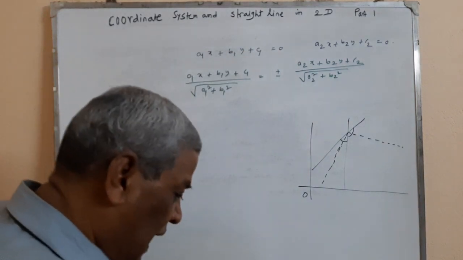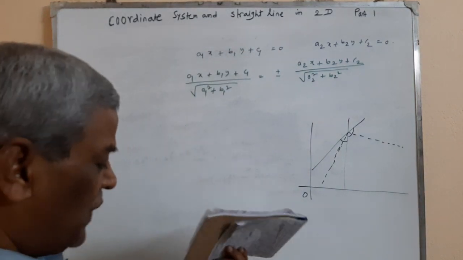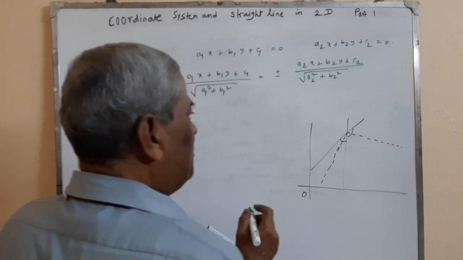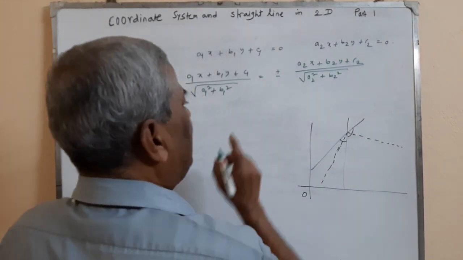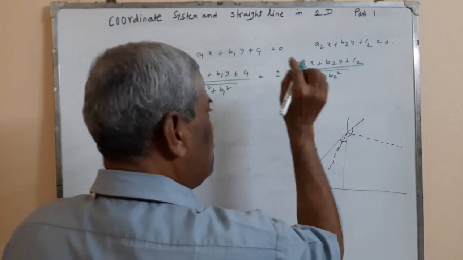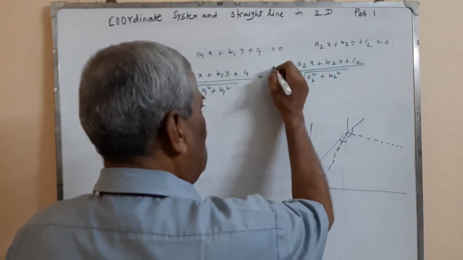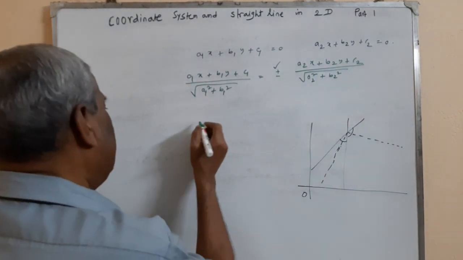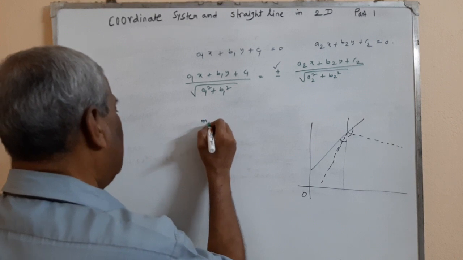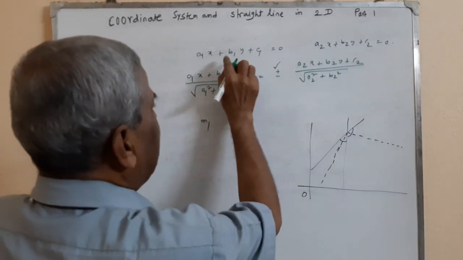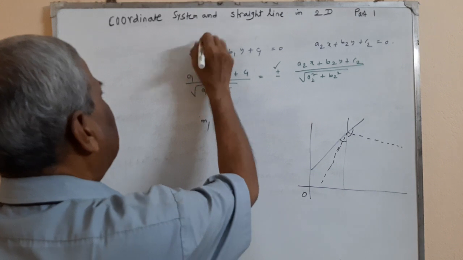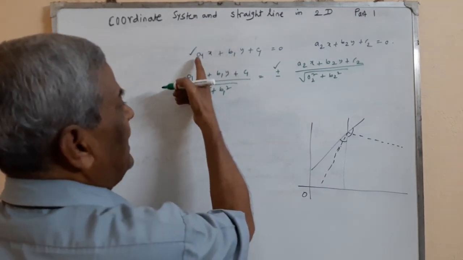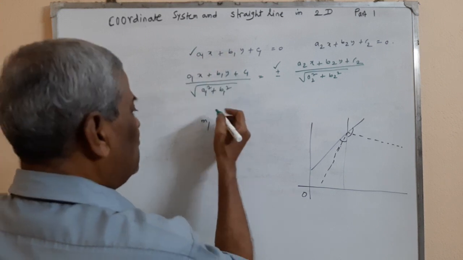And for the equation of the bisector of the acute angle, for that purpose we have to simplify one equation of bisector, say corresponding to plus. From there we can find its gradient m1 and take any one of the given lines, say this, and find its gradient. Very easily it is minus a1 by b1. So it is m2, say.